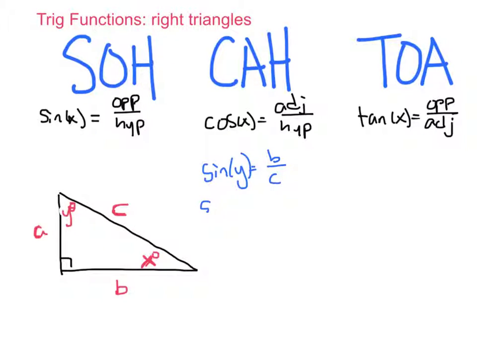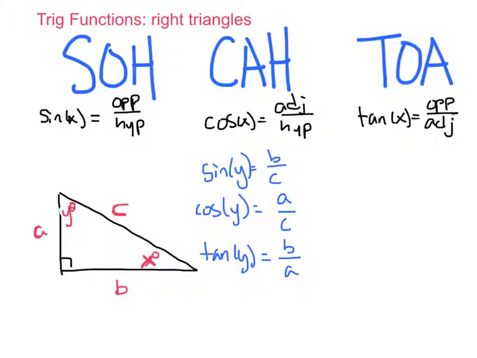The cosine of y, what would the cosine of y be? It's the adjacent over the hypotenuse. What's adjacent to this angle? a. Right. So this is just a over c. And the tan of y would be the opposite b over the adjacent a.